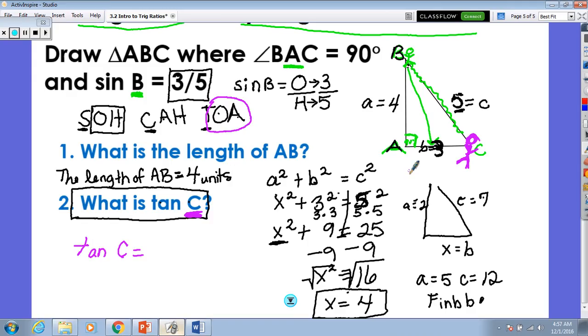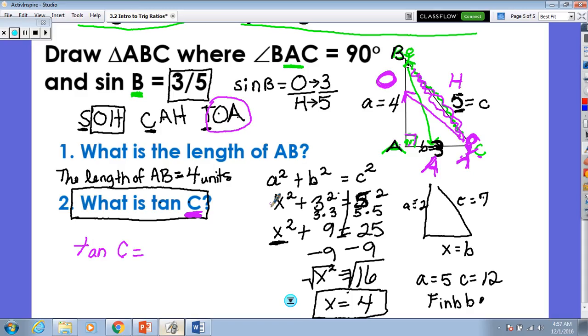Okay? Now we need to name our sides again. Remember, the hypotenuse is always the diagonal side, or the side that is across from the right angle. So this is H. The opposite side, you just draw a line from your stickman clearly across the picture. And that's going to be this side, so that is my O. And by default, that makes this side the adjacent side, because it is standing right next to our stickman, or our angle C. Okay?